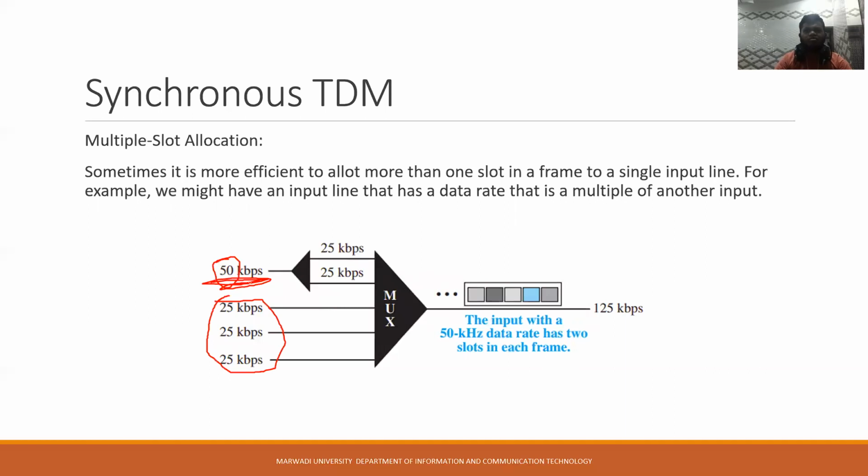So why is it called multiple slot allocation? Because these three connections would have one slot each, but this 50 kbps single signal would occupy two slots. So we have allocated two slots for this signal. So it is multiple slot allocation. And since we have decreased the data rate by a demux, we have 25, 25, 25 kbps here. So now this can be multiplexed because we have equal data rate for everything. This is multiple slot allocation.